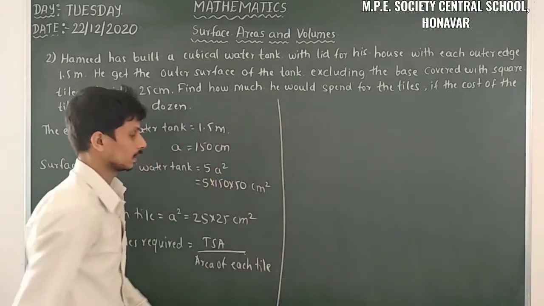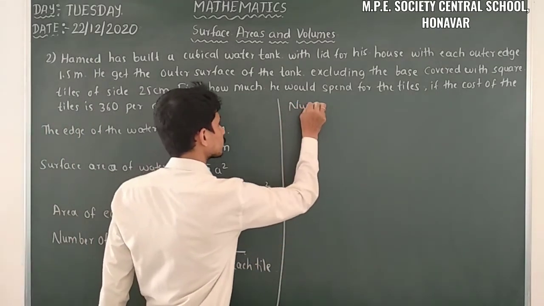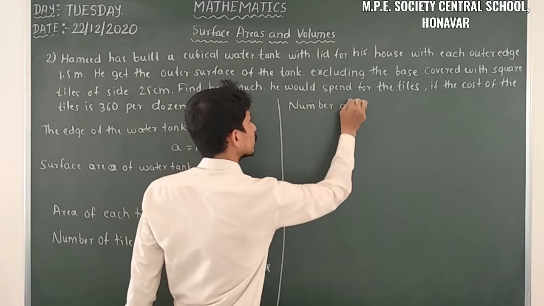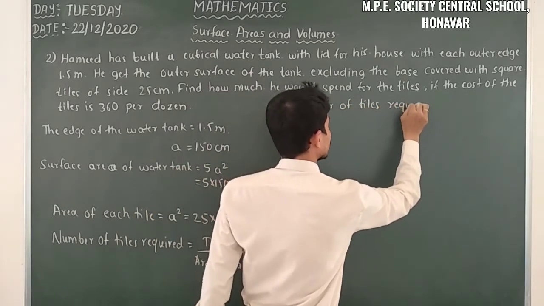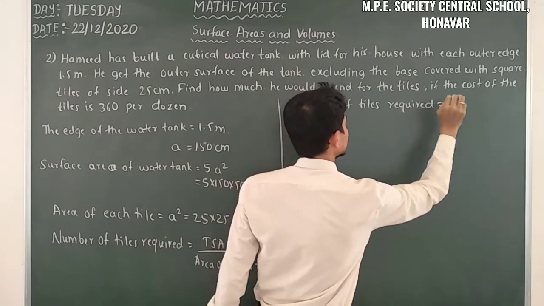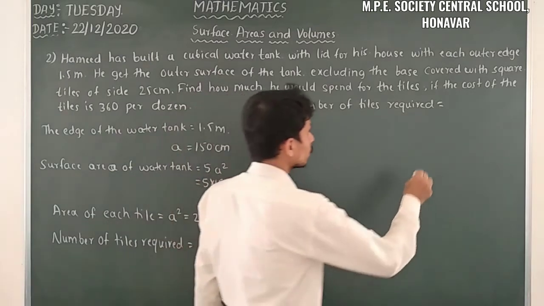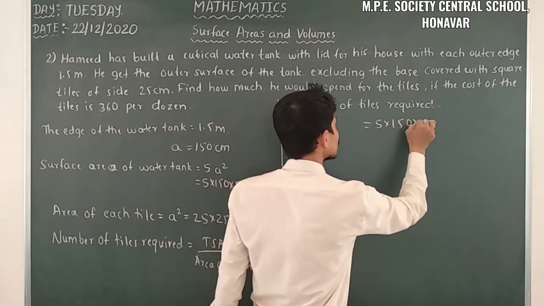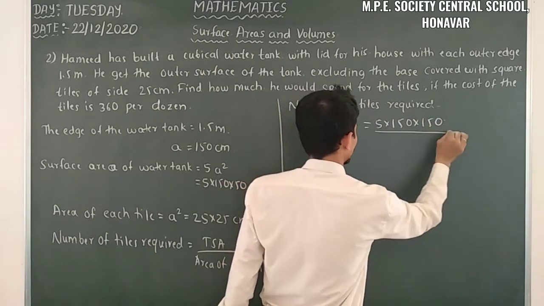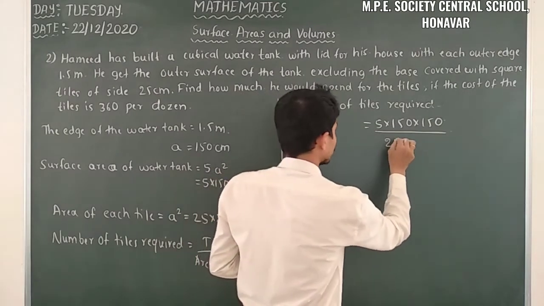So let us take the number of tiles required. What is the total surface area? It is 5 into 150 into 150, divided by 25 into 25.